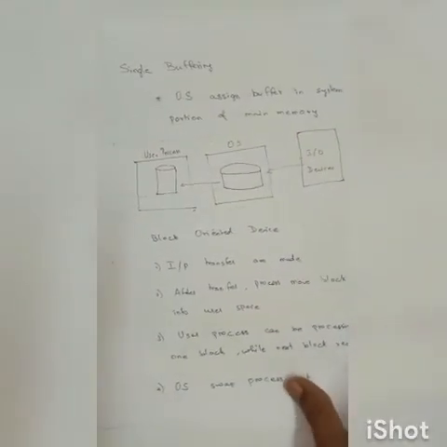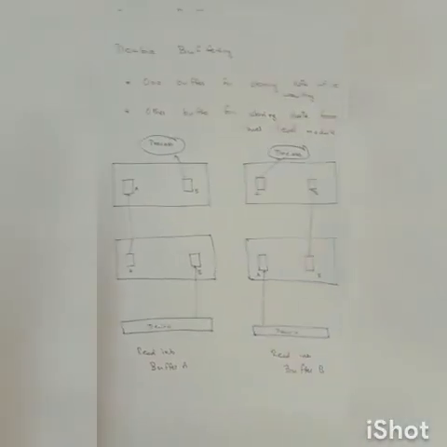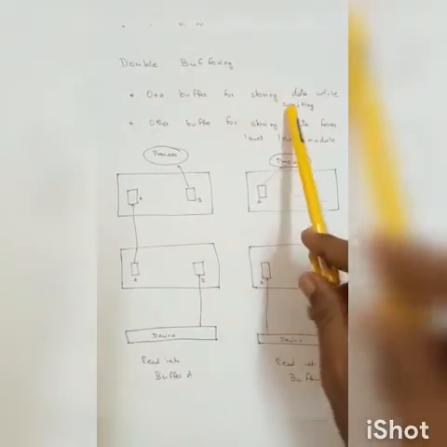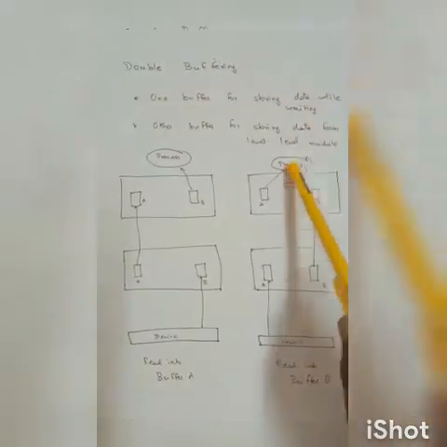In double buffering you have two different processes happening at the same time. Over here, in double buffer, one buffer stores data while waiting, and another one reads from the low level.